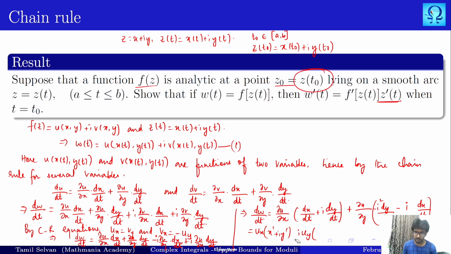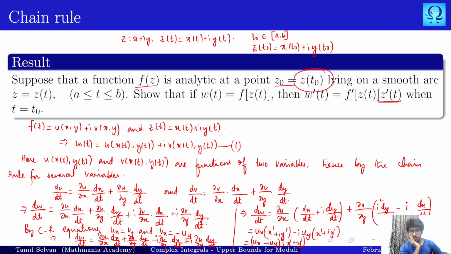So this becomes minus i uy, and this becomes x prime plus iota y prime. So this x prime plus iota y prime may be written as z prime, and you may very well see that ux minus iota uy and x prime plus iota y prime.